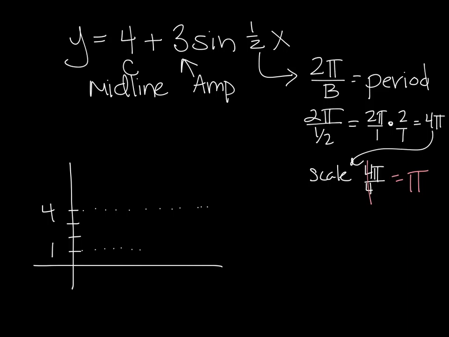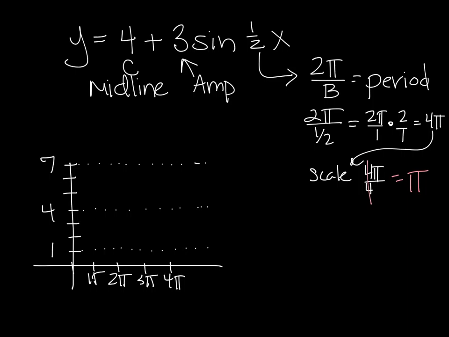The bottom will be a 1, and 3 up, 5, 6, 7. So 4 plus 3 is the top, and 4 minus 3 is the bottom. All right, our scale on our x-axis was pi, so we're going to start at 0, and then we have 1 pi, 2 pi, 3 pi, and 4 pi.